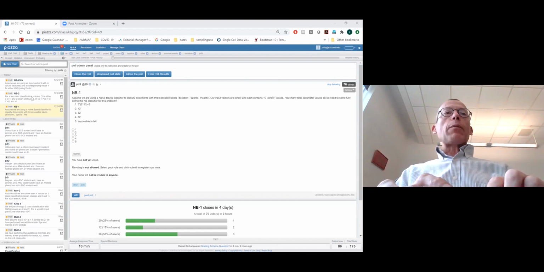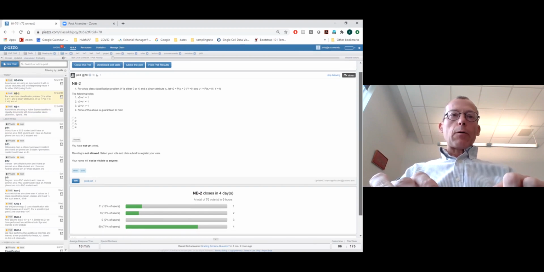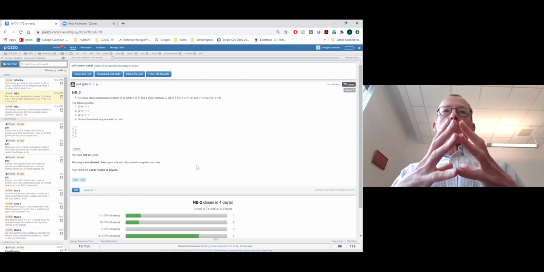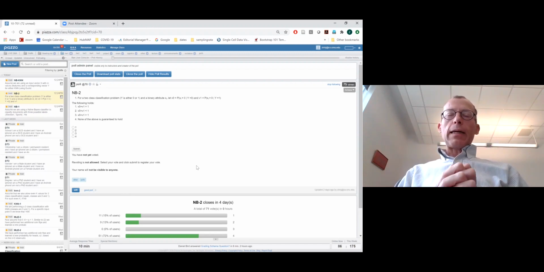The second question is actually more important conceptually, something that is more important in order to understand naive Bayes, and I'm very happy to see that most of the class got it correct.